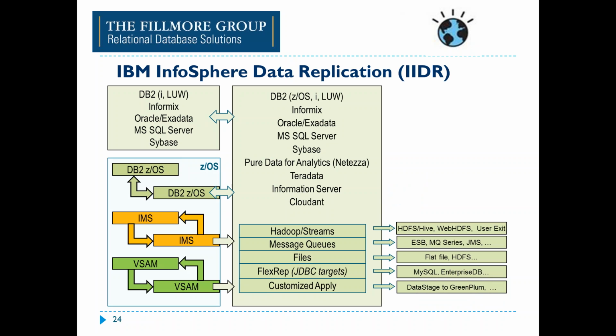So I could copy data from DB2 for z/OS and replicate it to another DB2 for z/OS or DB2 for LUW, Informix, Oracle, SQL Server, Sybase, as well as message queues, flat files, Hadoop or streams, and then that data can be available to applications like the Hadoop distributed file system or Hive, MySQL, EnterpriseDB, Greenplum, you name it.